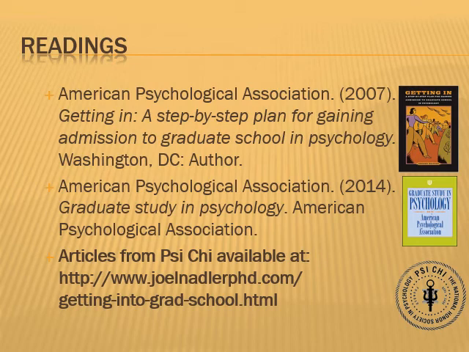The APA also creates almost yearly, I'm not sure what's the last year they put this out, the Graduate Study in Psychology book. And this is simply a listing of all of the actual APA accredited graduate programs, both master's and PhD in psychology currently available. This is a great resource when you're trying to figure out what programs to apply to.